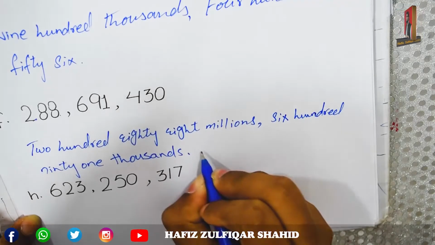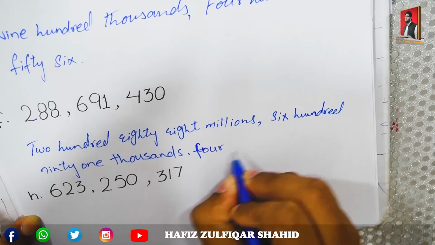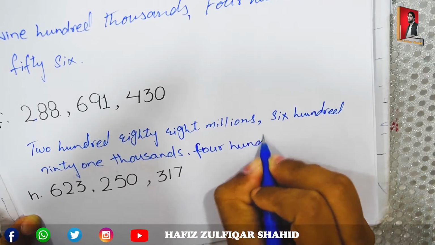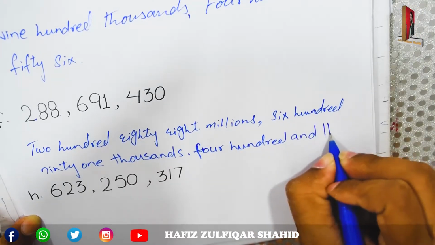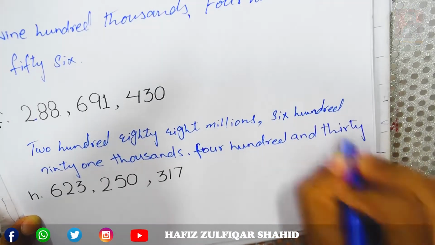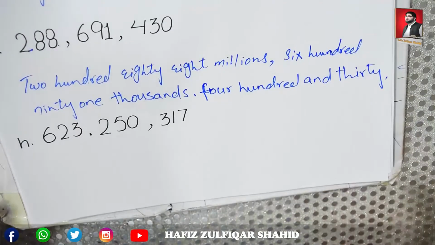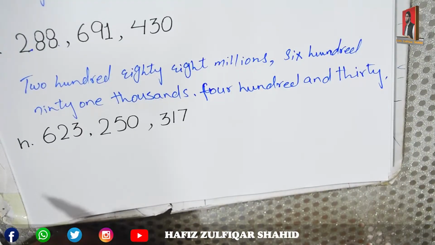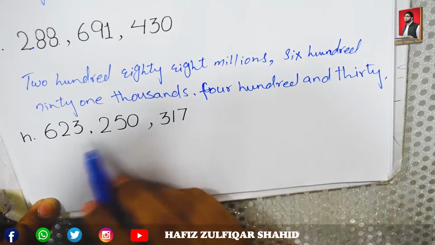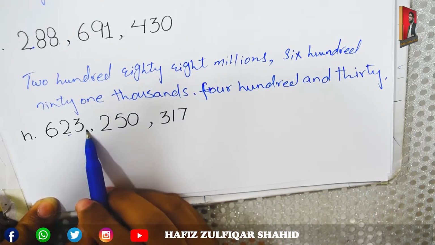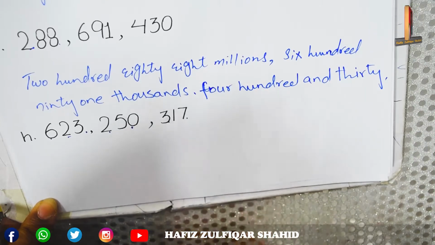We have 430. The next amount to write is 623,250,317.